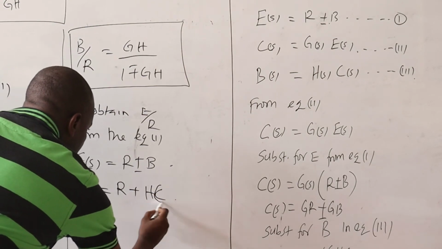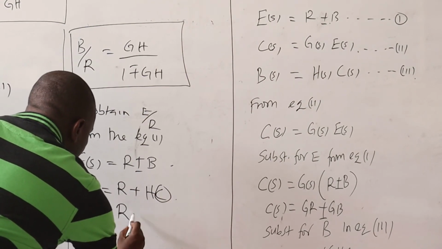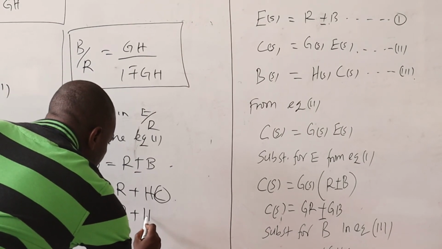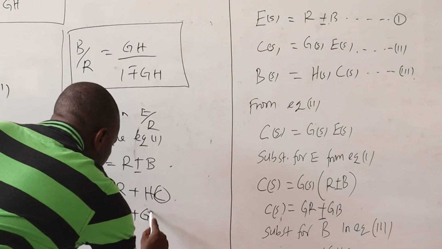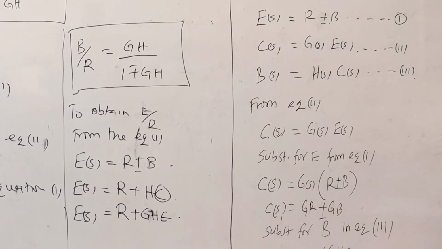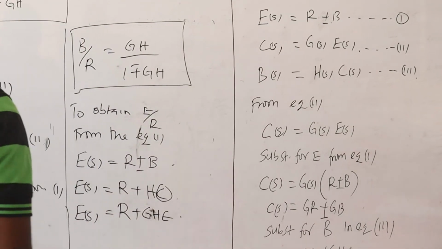So from C here, we can say that is going to be R plus or minus GHE. And of course, we can move E to the other side of the equation.